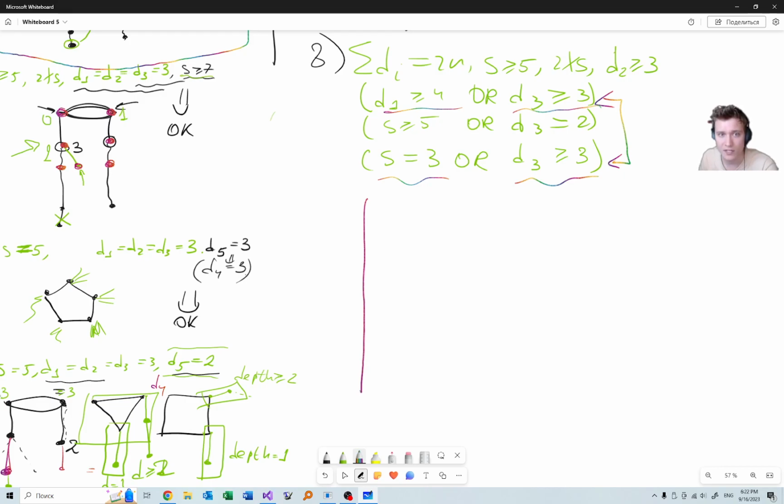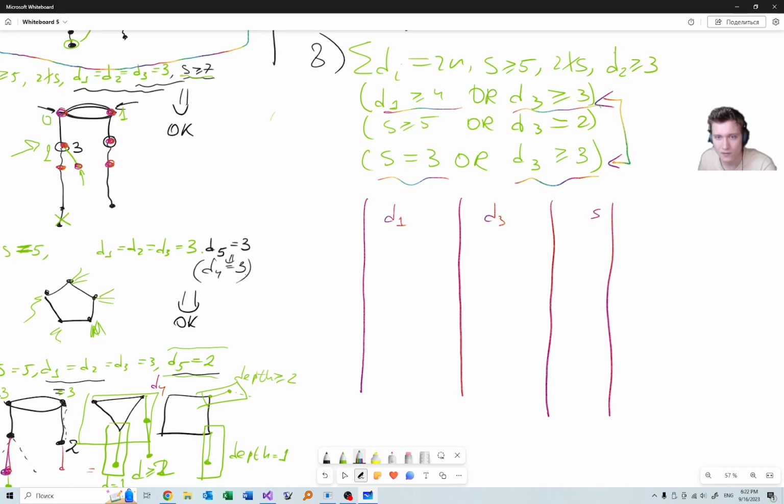So we have d1, we have d3, and we have S. And we have 8 different possibilities. So d1 is at least 4, and d3 is at least 3, and S is at least 5.